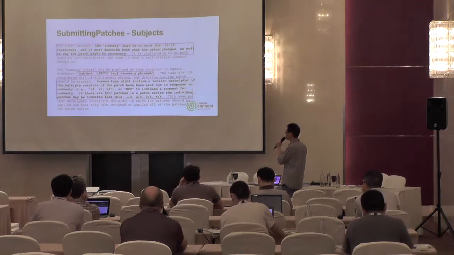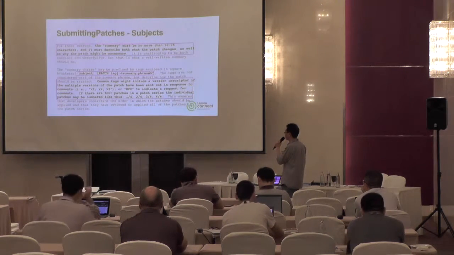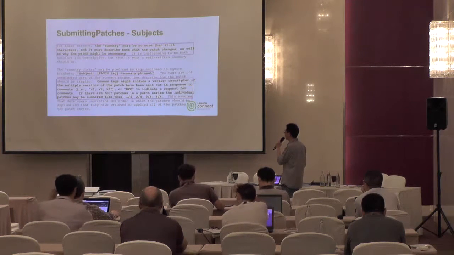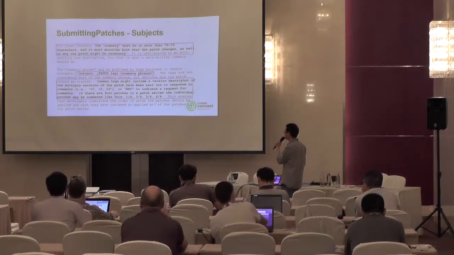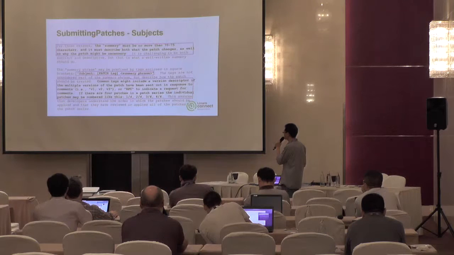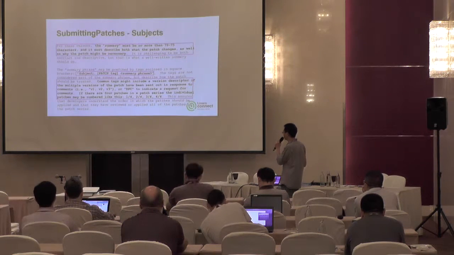The first part is in square brackets, with PATCH and a tag, followed by the summary phrase. The tag can indicate the version of the patches, because you may have responded to comments. You can also use RFC, or a number like 1/4, 2/4.